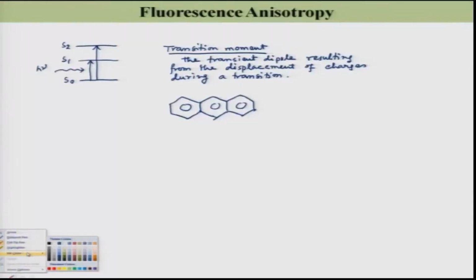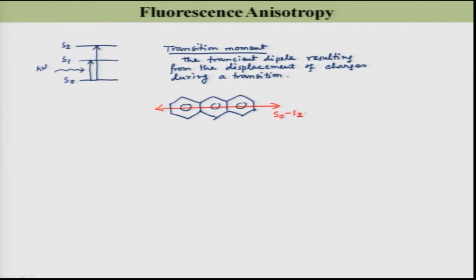So, in this molecular frame, if you plot that, you are going to see a line associated with this transition. Let us say this is my S0 to S2 transition. So, the transition moment is along this molecular frame.